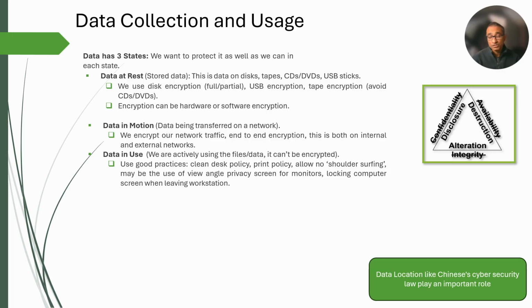That means the destruction aspect is prohibited and prevented. And you're making sure that the data at rest is not getting changed, that alteration is not possible, which works in close coordination with the confidentiality aspect. The same is applicable for data in motion and data in use.